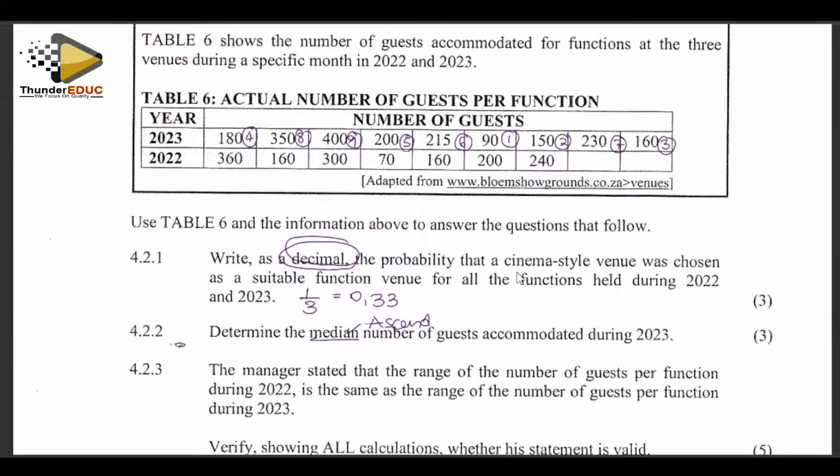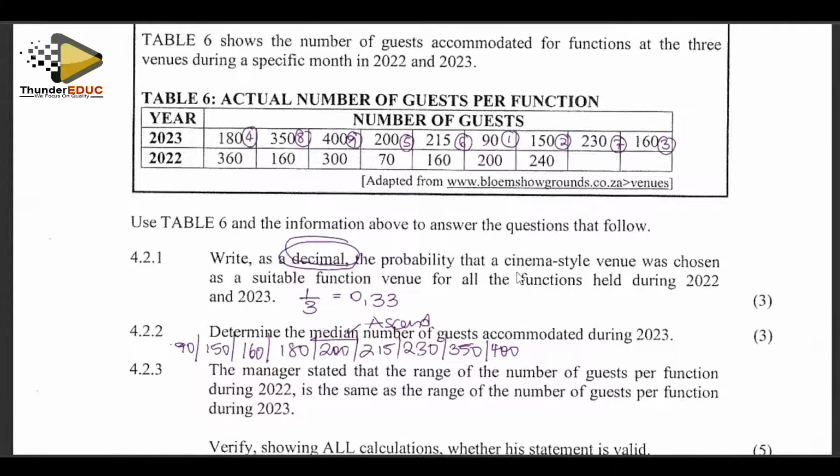We have 90, 150, 160, sorry, 180, 200, then 215, 230. We have 350. We have 400. And that's where we end.